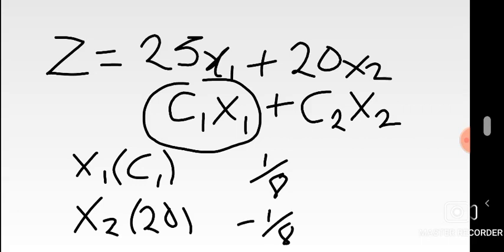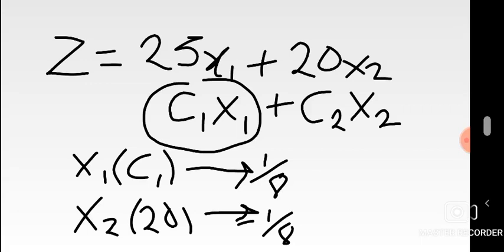What next from here? You will start multiplying these numbers here, like c1 will be multiplied by that, 20 will be multiplied by that. So this times that, then plus 20 times 1 over 8. That's what we're doing basically.